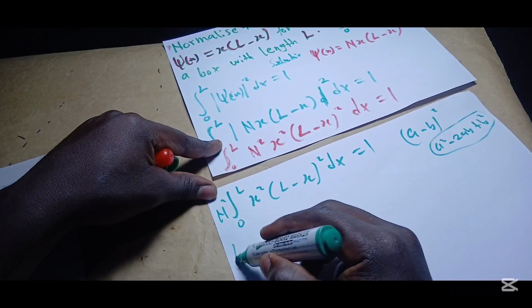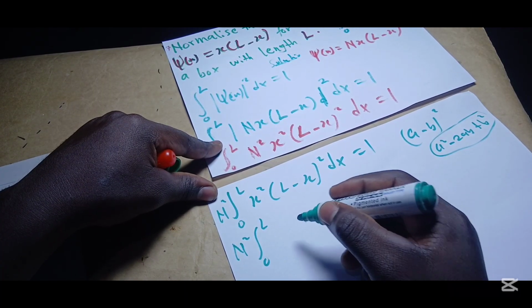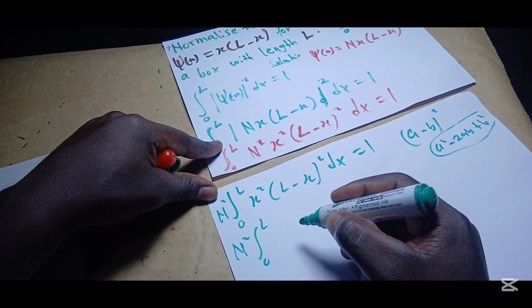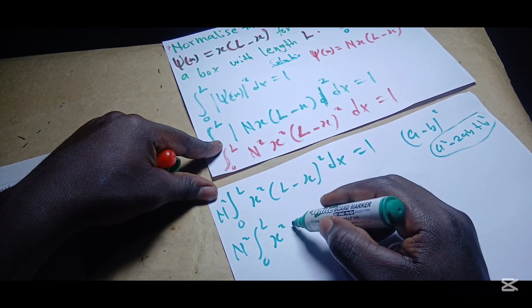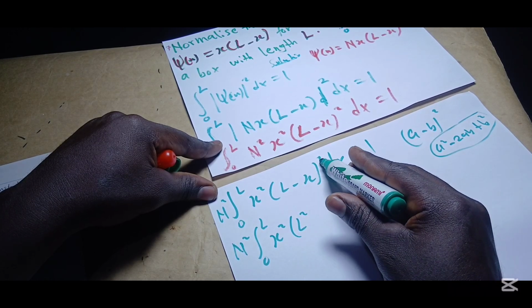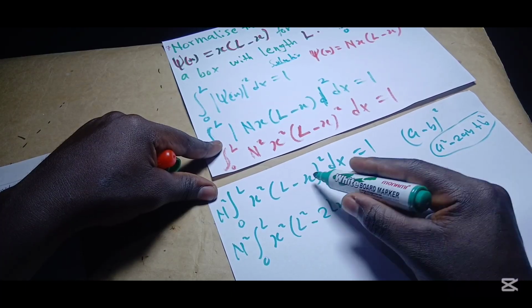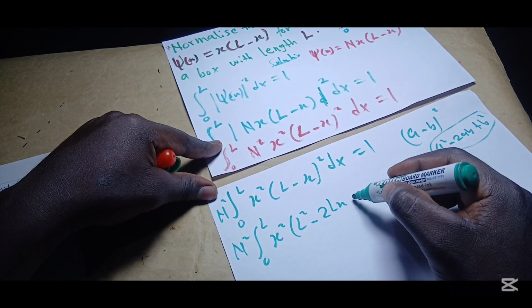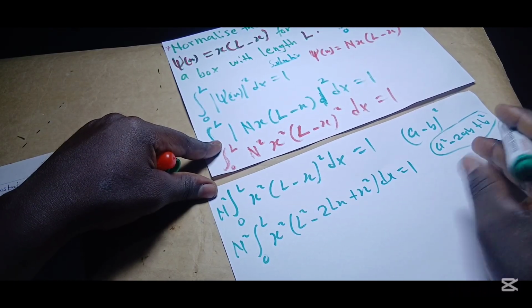We are going to have n squared integral from 0 to L of L squared plus 2 multiplied by L multiplied by minus x, that gives us minus 2Lx, plus negative x to the power 2, giving us x squared, dx equals 1.